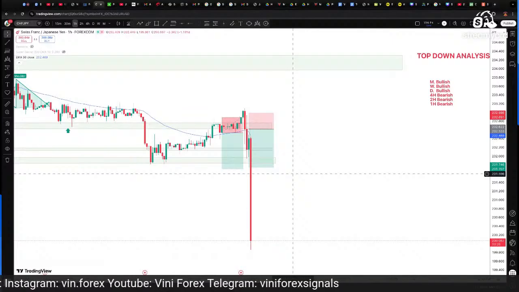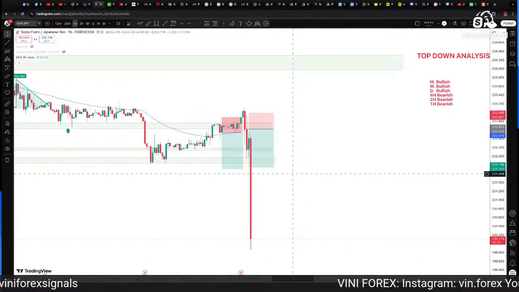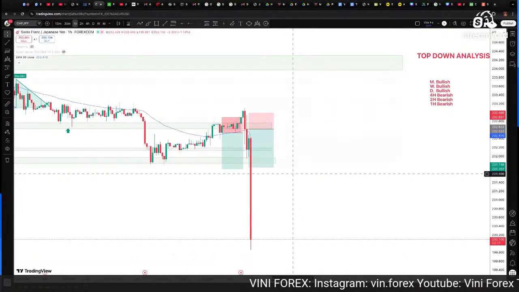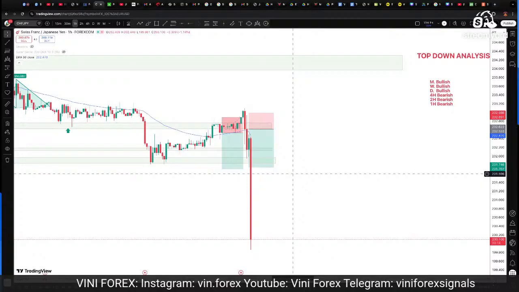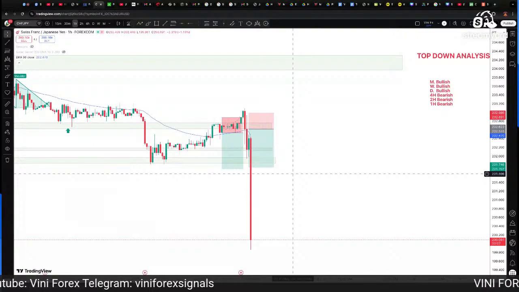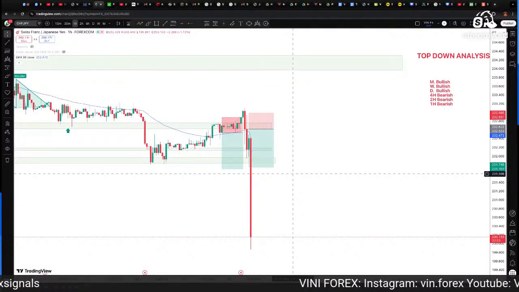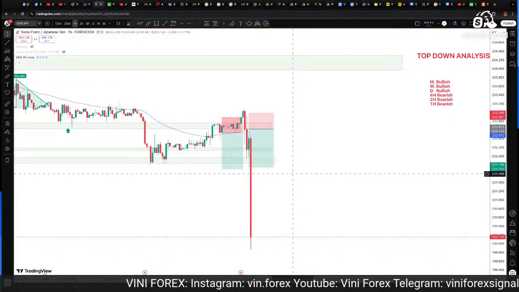Not that the person is not correct on what they are seeing on the chart. The person is correct, but he or she entered too early, and that made them lose money, even though that same market will still give so much profit. Sometimes it happens. You have to allow the market to do its thing, let the market act, and then you react.